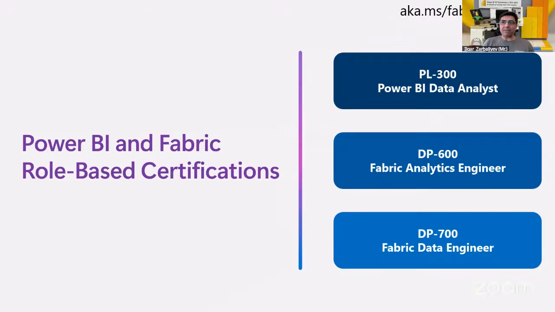DP-600 is the Fabric Analytics Engineer path, which goes deeper into building semantic models and the engineering side of the analytics within Fabric. And DP-700 is Fabric Data Engineer, focused on the data pipelines and engineering work that feeds everything upstream. If you want to see how these certifications connect and plan out a longer term learning path, check out aka.ms/FabricCareerHub. It lays out the whole career journey.